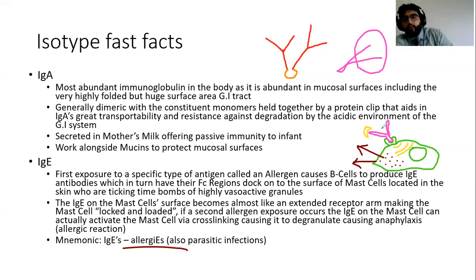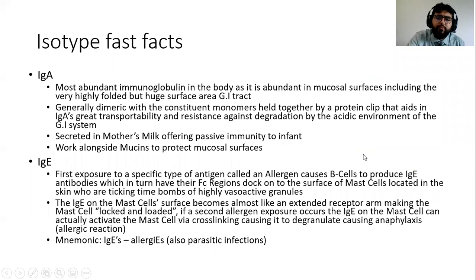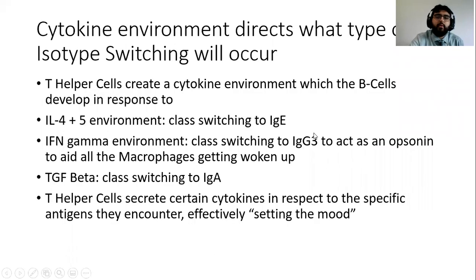So after being locked and loaded, and the IgE tethered to the mast cell surface recognizes the antigen, the mast cell will degranulate and release all these vasoactive substances like histamine and whatnot. Okay. The technical term for allergic reaction is anaphylaxis. It's not to be confused with prophylaxis, which is in pharmacology when you begin a dosage of a drug as a preventative measure. Aside from the point.